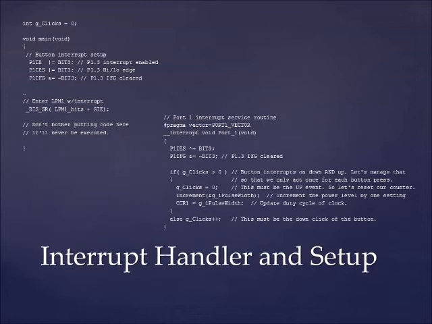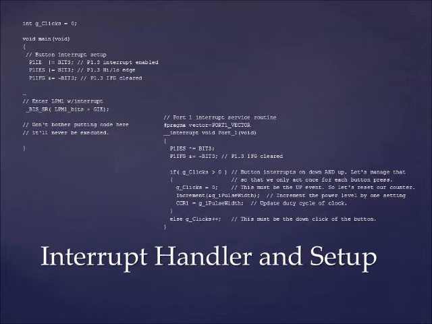So we're going to enable interrupts on that port, and we're going to clear them so that there's no perceived interrupts sticking around in memory. And then we're going to go into a loop. Rather, it's not really a loop. We're going to set the processor to go into a reduced power mode where it idles and watches for interrupts.